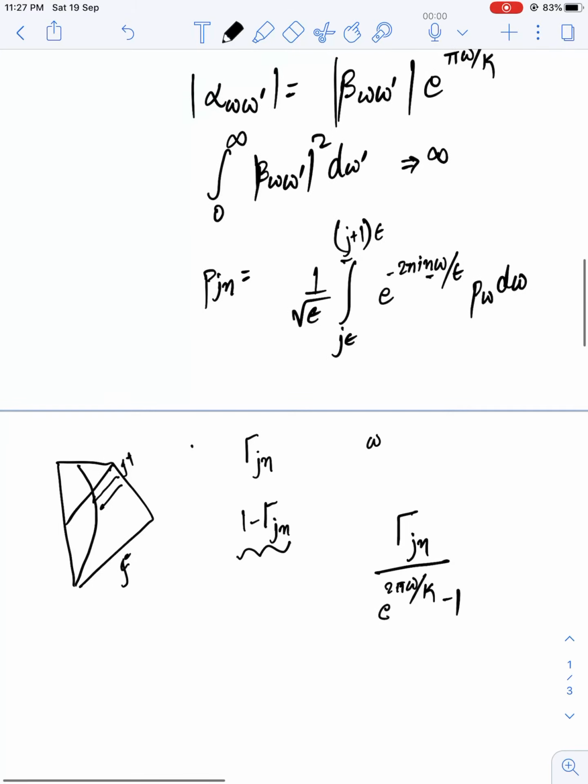This part is done in Birrell's and in Toms, but it's not very clear in Toms actually.